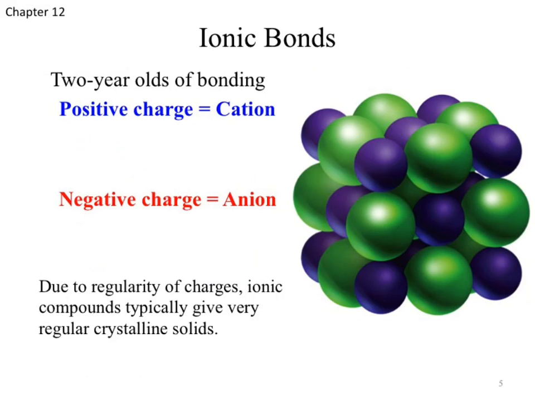Ionic bonds, I would classify them as kind of the 2-year-old, presumably, so I've been told, of bonding, because they just don't share electrons. Okay? So what we're doing is taking a metal near the nonmetal. The metal has very low electronegativity, meaning it doesn't want its electrons, so it gives them up rather quickly.